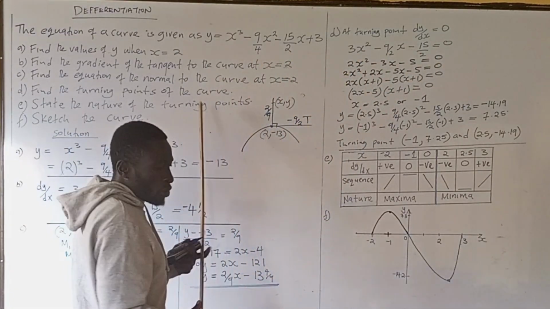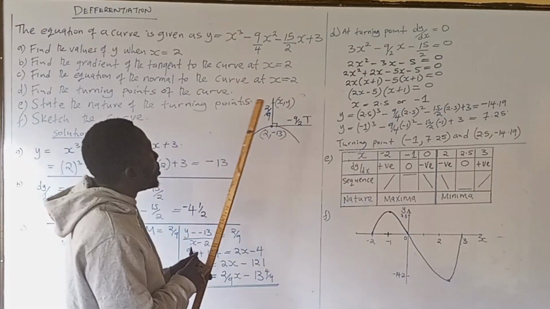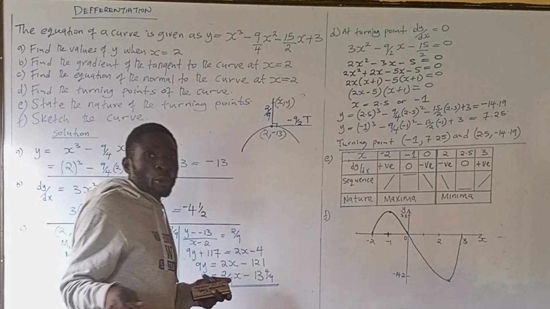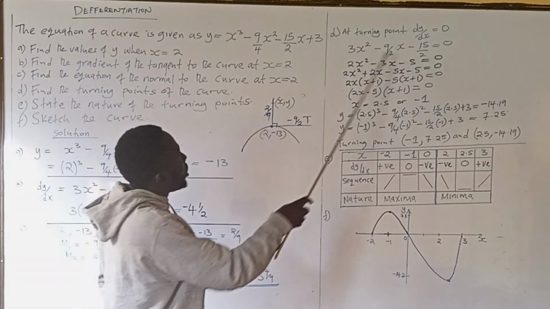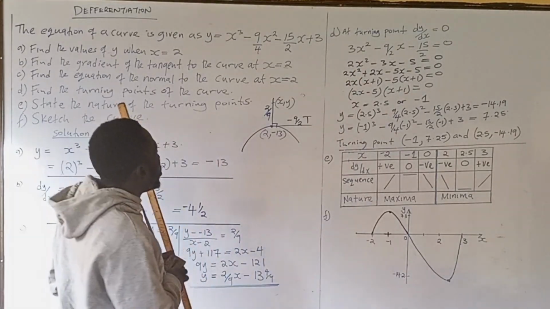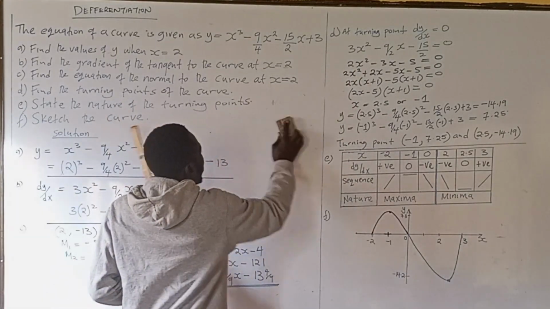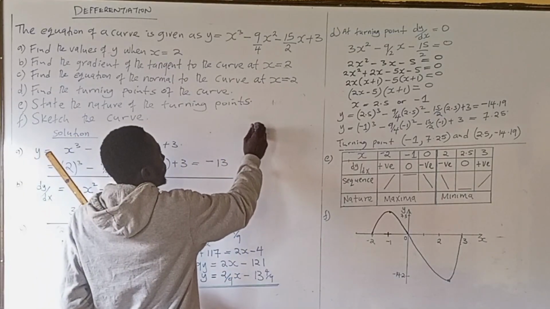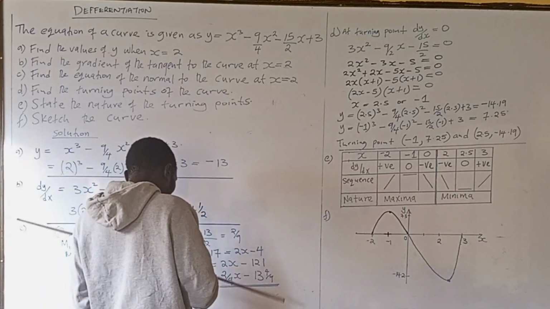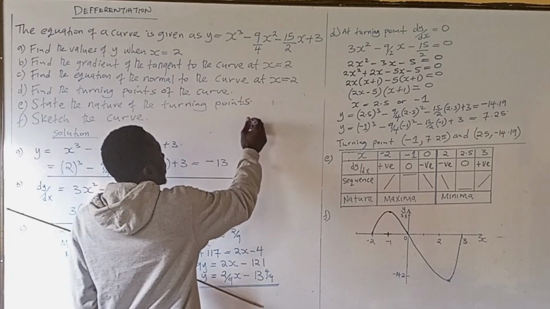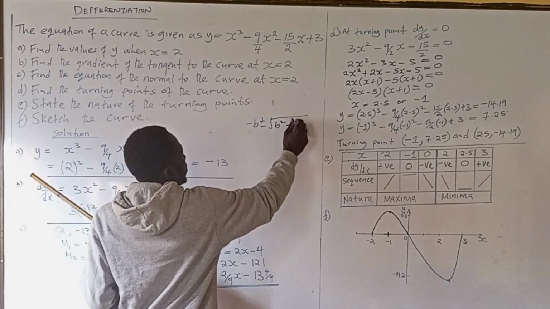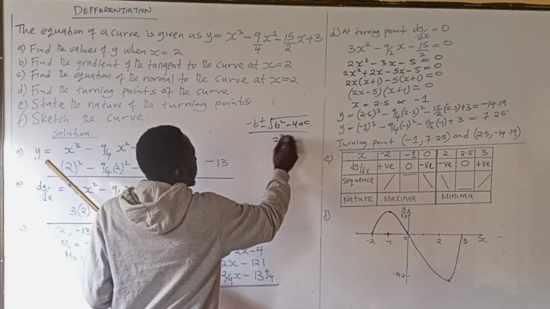From here you can use the formula method, or you can use 2 numbers. I hope this is from 2 work. As a candidate, you already know how to do this. But if you don't know, then you need to use the formula for easy work. The formula is negative b plus or minus the square root of b squared minus 4ac all over 2a.